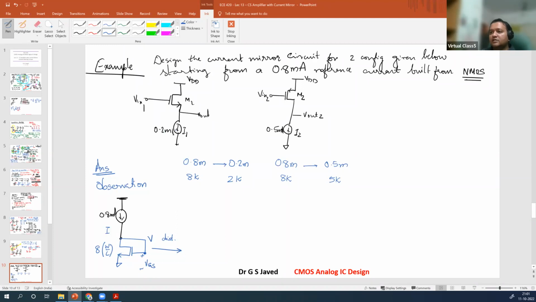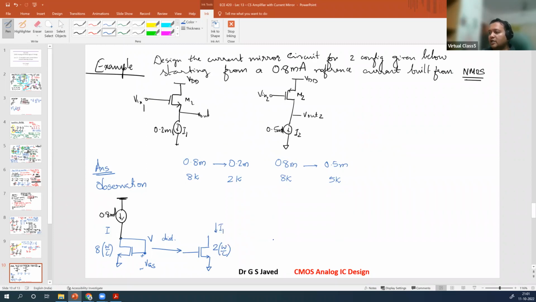So to generate this current value, you need an NMOS device whose value is, you need 2K. So it will be 2 times W by L. Okay, now you have current I1.